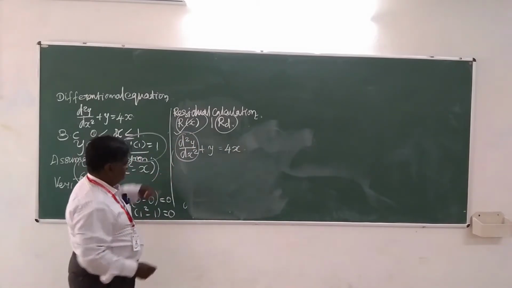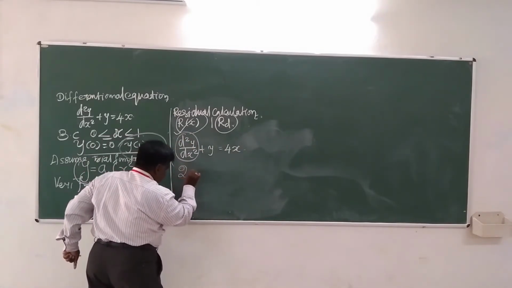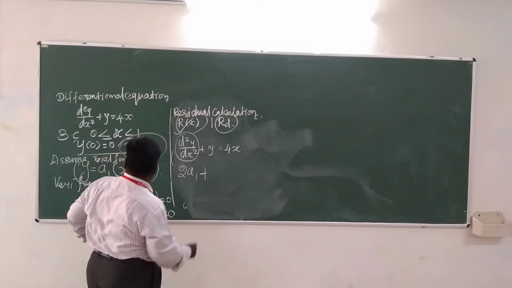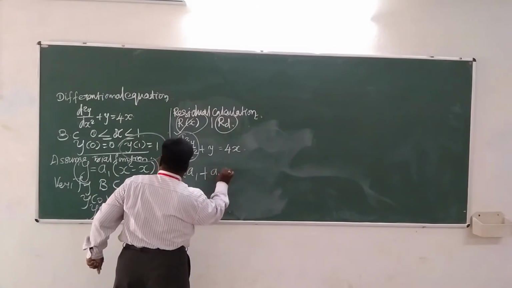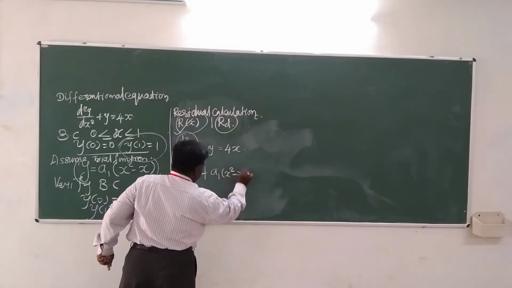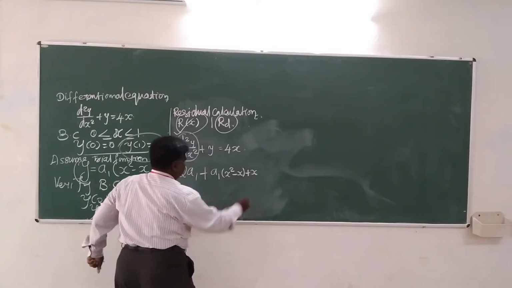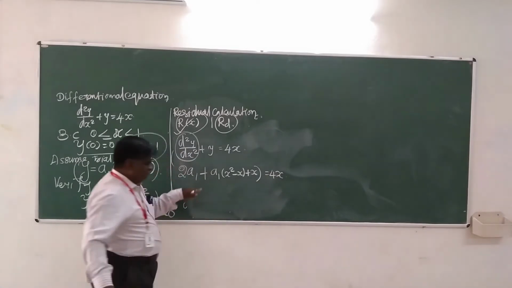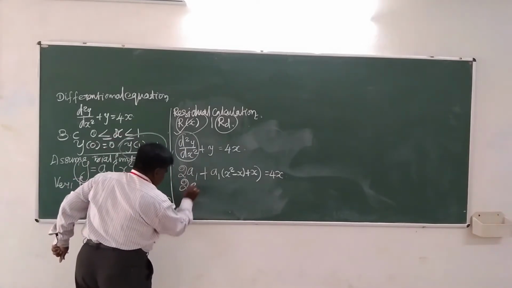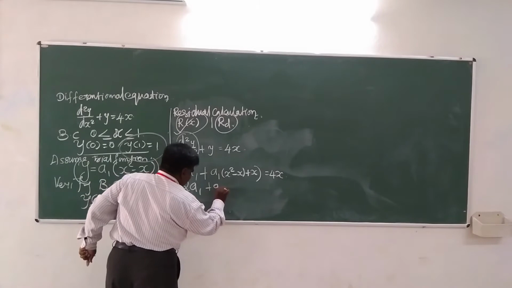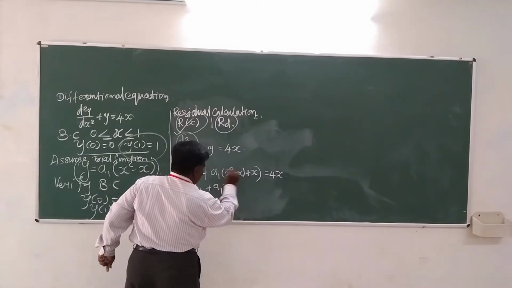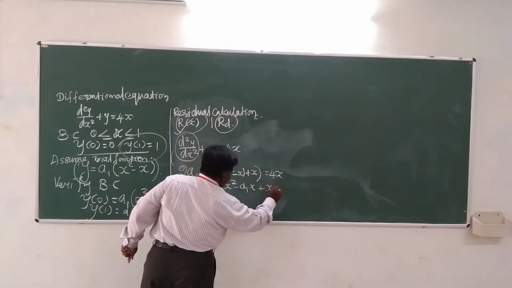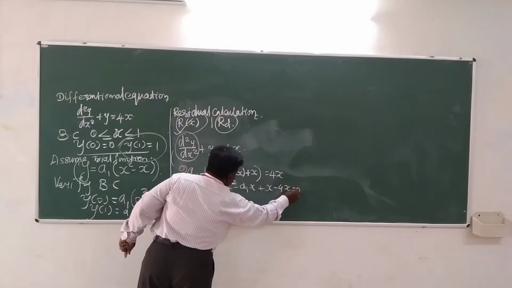Based on this, substituting 2a1 and the assumed trial function a1 times (x square minus x) plus x equal to 4x, simplify this step: 2a1 plus a1 x square minus a1x plus x minus 4x equal to 0.